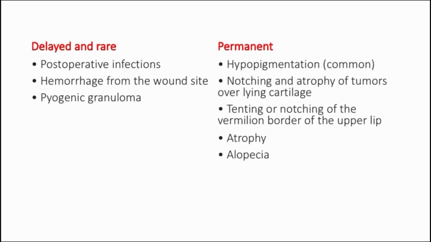The complications that, if they occur, will be permanent are hypopigmentation, ectropion and notching of the eyelid, notching and atrophy of tumor overlying cartilage, notching of the vermilion border of the upper lip, atrophy and alopecia.